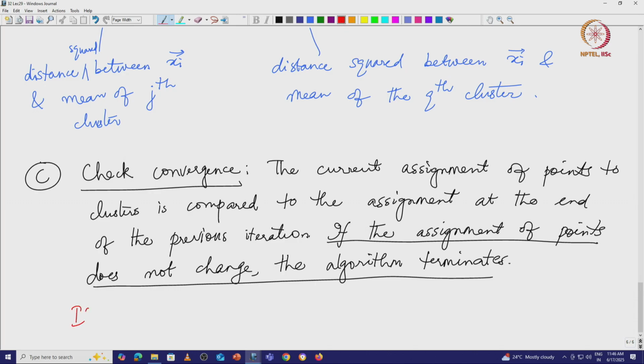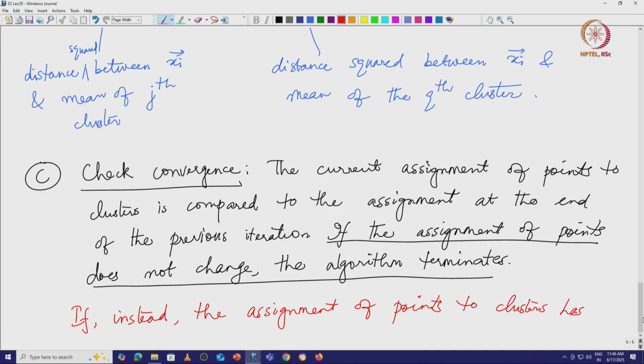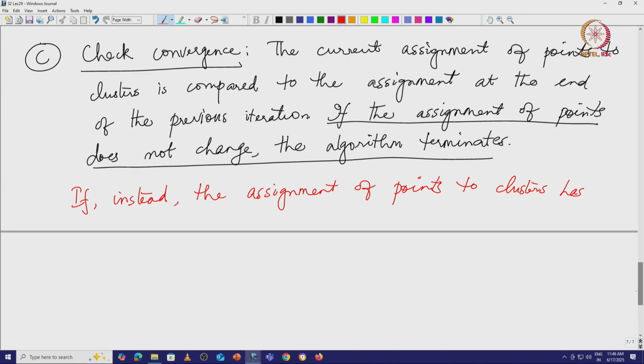So, if instead the assignment of points to clusters has changed, we recompute the cluster means.